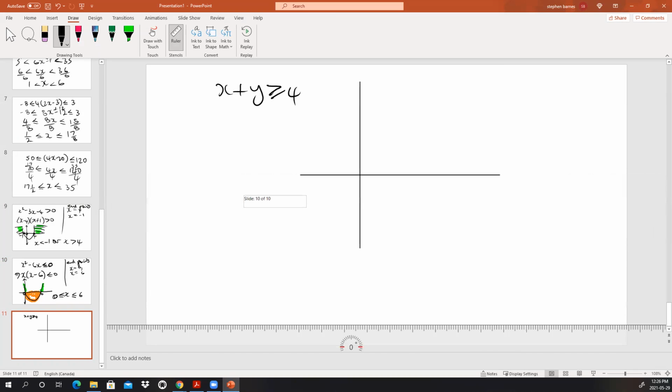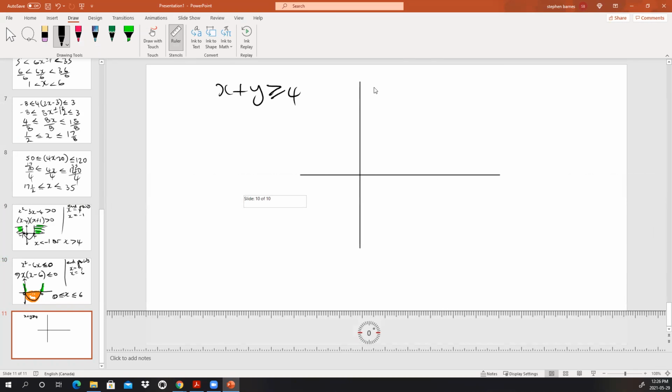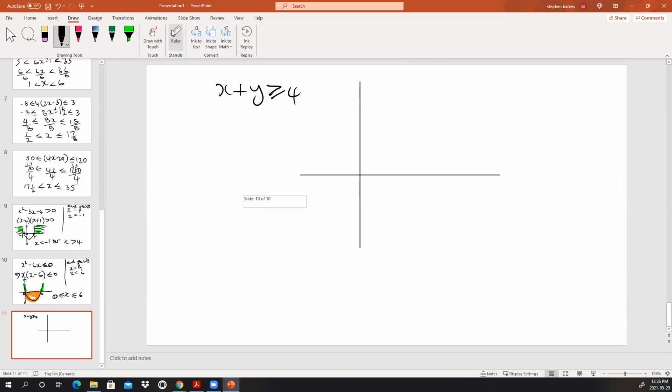So get rid of it and say this is 0. 1, 2, 3, 4. I'll probably have 5 up here. 1, 2, 3, 4.